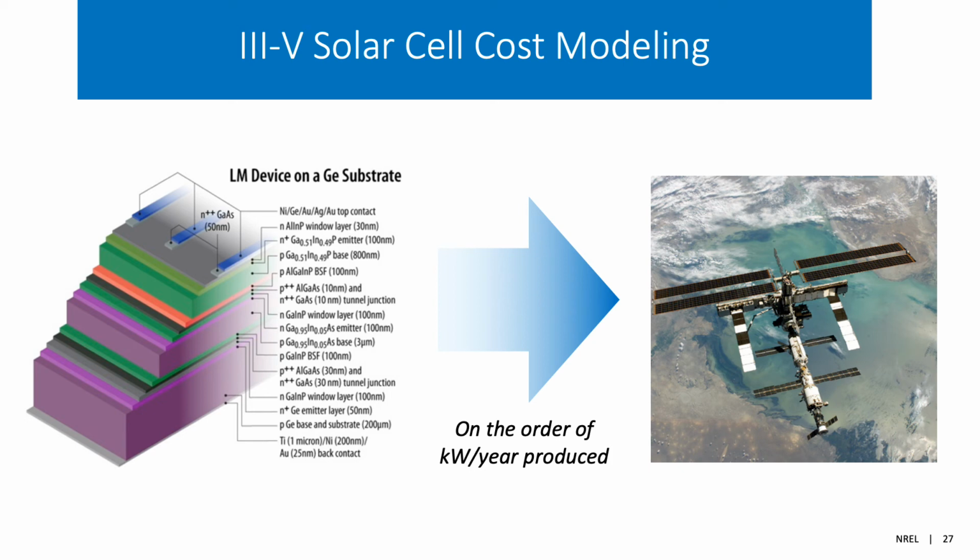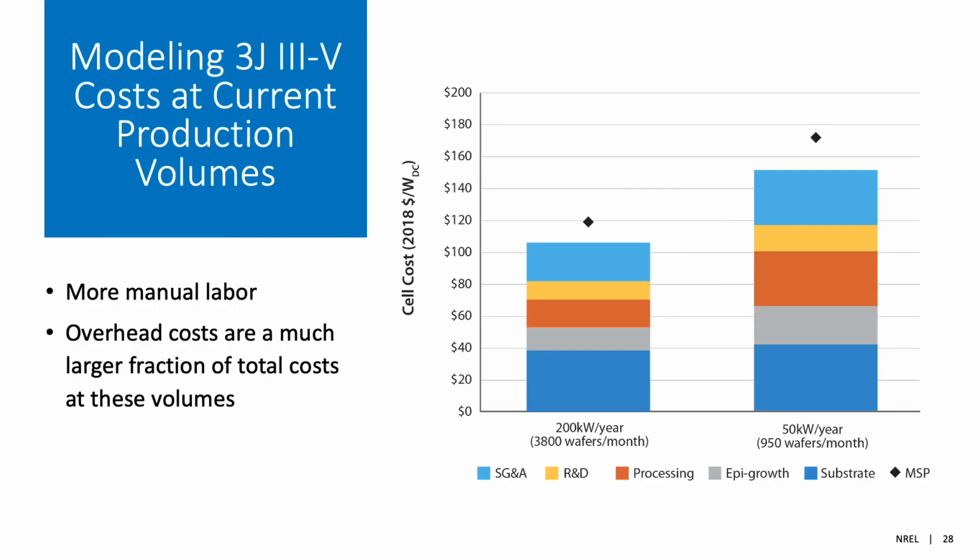And the main area where these are used is in space applications, which are less sensitive to the cost per watt, which is high for these technologies, but really need the extra performance in terms of efficiency and weight in order to optimize the overall cost of the space structures themselves. So first we'll look at our results.